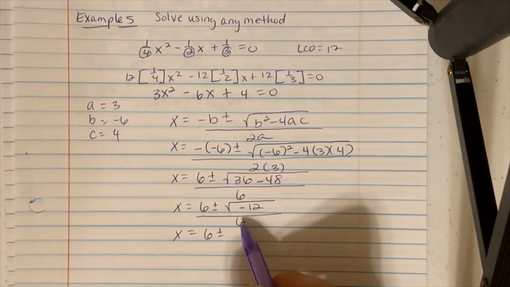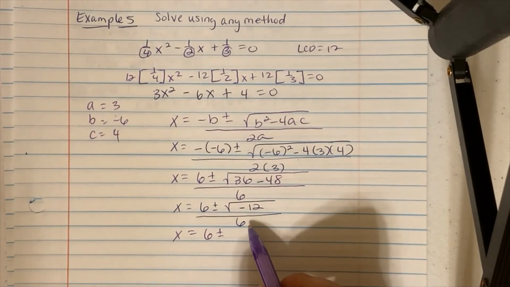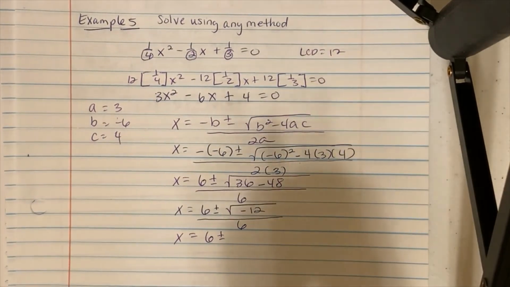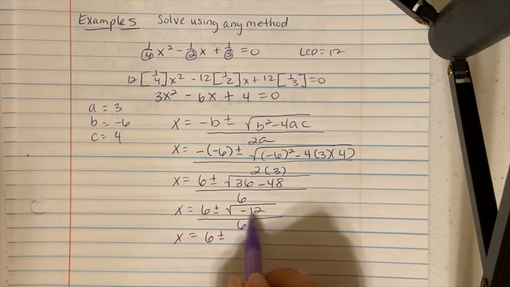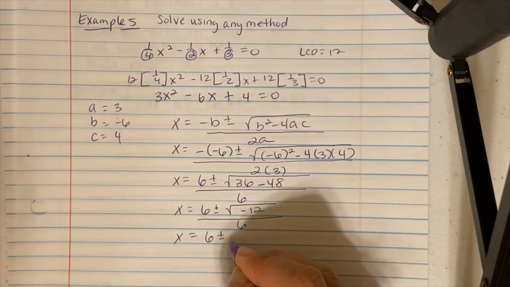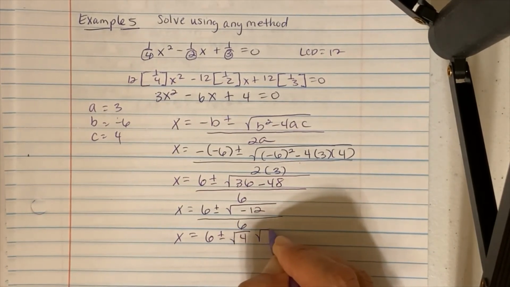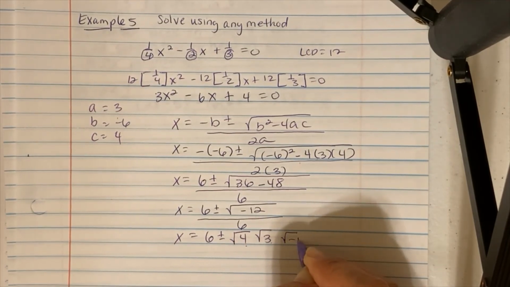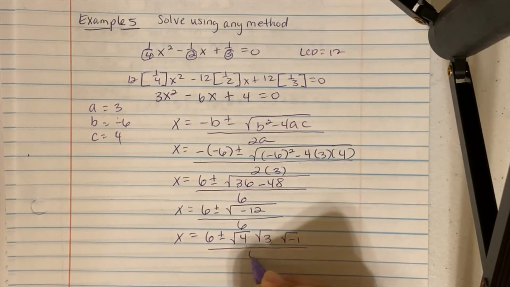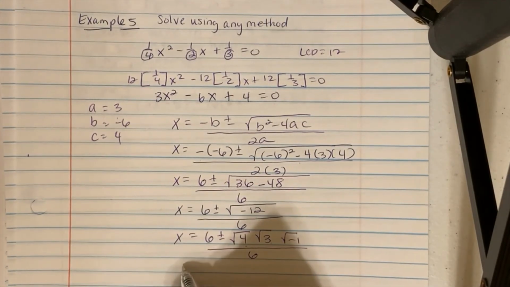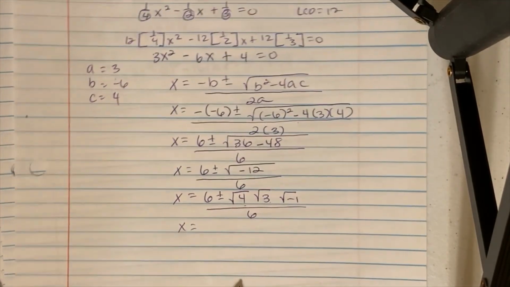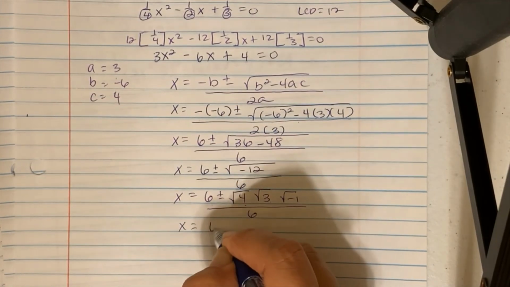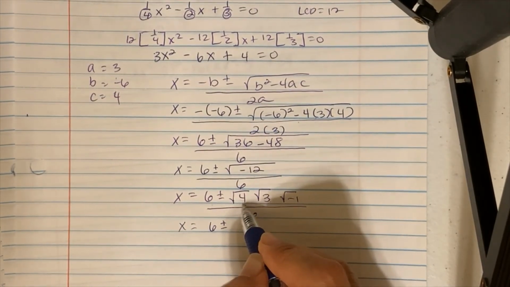Here we are going to break down the -12. So I'm going to rewrite it as a +4 and the radical a +3, because 4 times 3 is our +12, and then our -1. Six comes down, plus and minus. Square root of 4 we know is a 2.